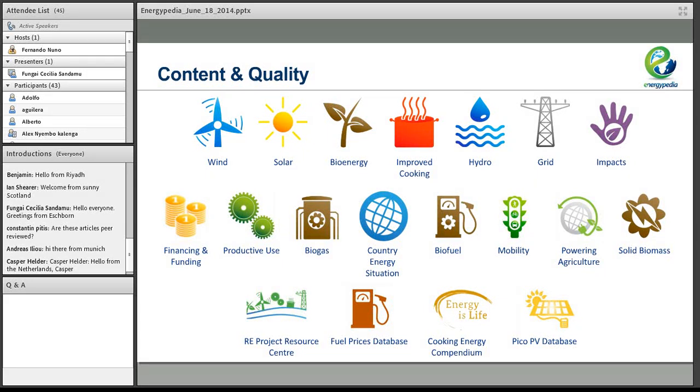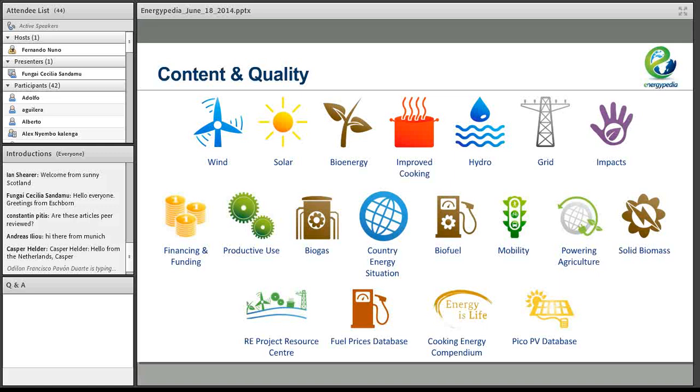Currently, we've just released, in cooperation with ESMAP, the Renewable Energy Project Resource Center, and this is basically a portal designed for energy professionals to help guide project planning and implementation, as well as to facilitate knowledge exchange across organizations and regions. The Renewable Energy Project Resource Center is a living repository, and its success depends on contributions from the global energy community.